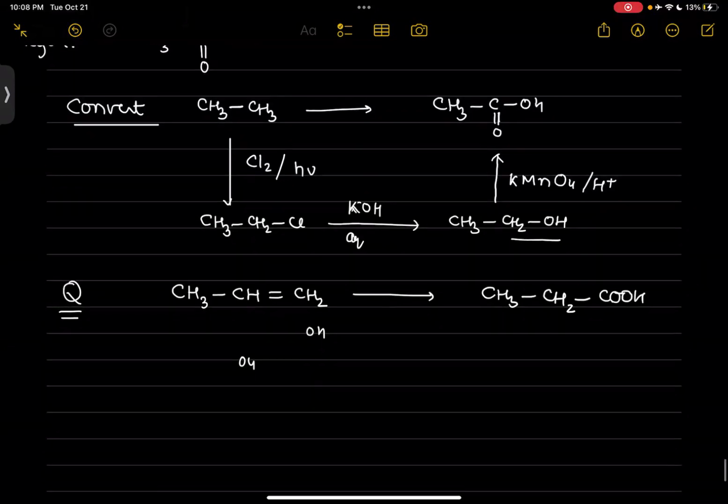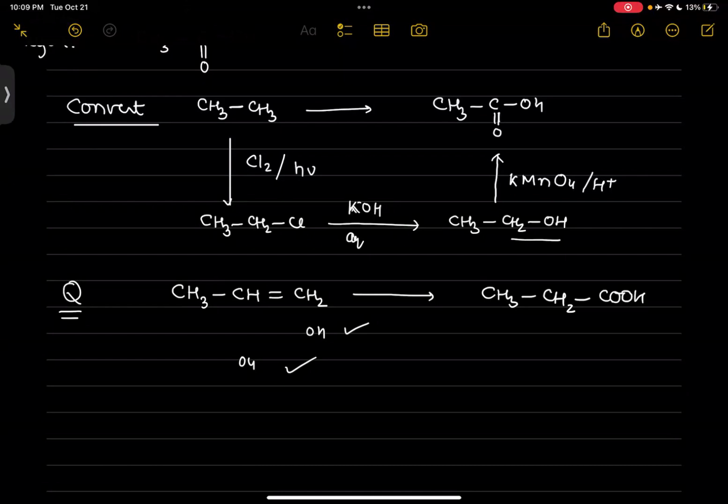Should OH be connected like this or like this? On the outer carbon or on the inner carbon?